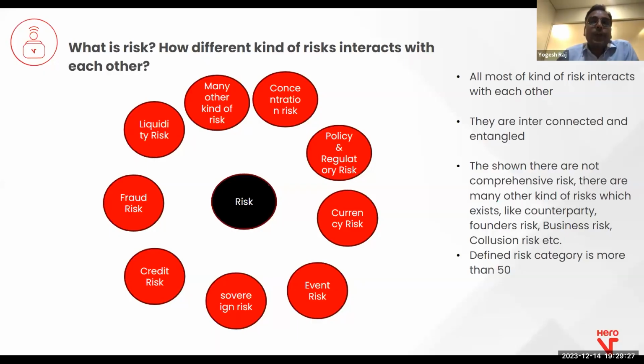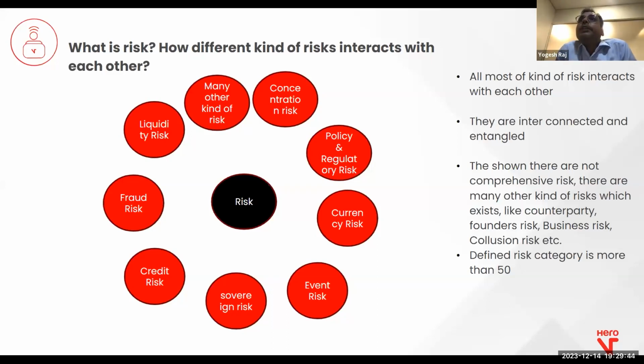There are many other kinds of risk. Let's say event risk. What is event risk? Because of some scenario, a new event has happened. Let's take a very recent example. COVID has come, and many of the institutions have seen huge losses. Although one can categorize it as credit risk, it was not actually credit risk.